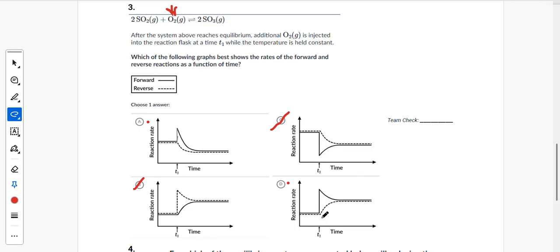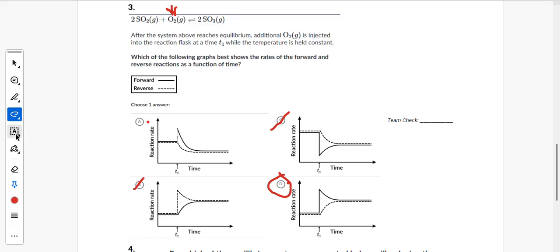Not only is it going to change in the forward reaction and increase, any more concentration is also going to cause the reverse reaction to increase. So that is why D is the correct answer. A shows that the reverse reaction would go down, and that's not true, because if we make more products, then in an equilibrium we're also going to make more reactants, which is why the answer is D.